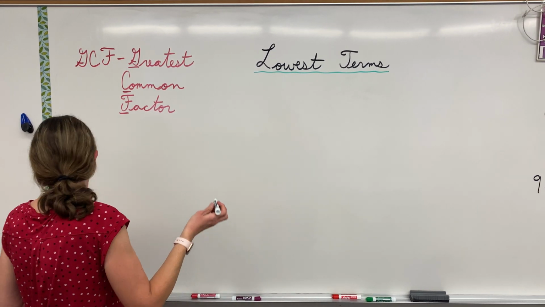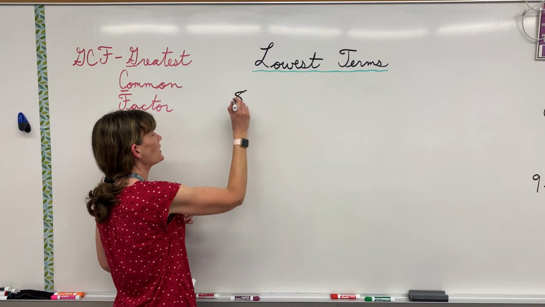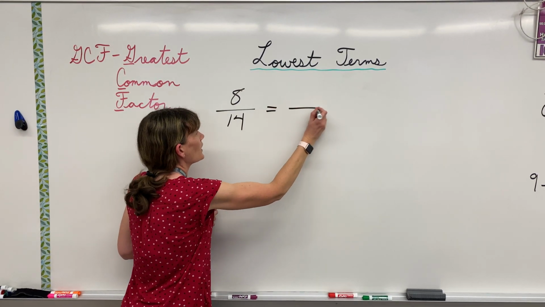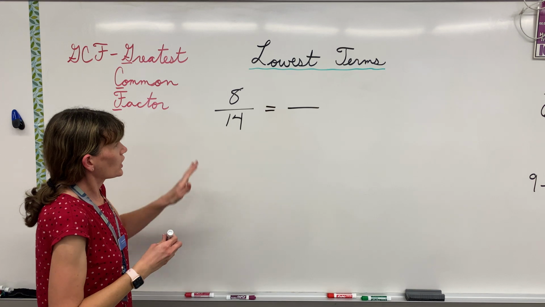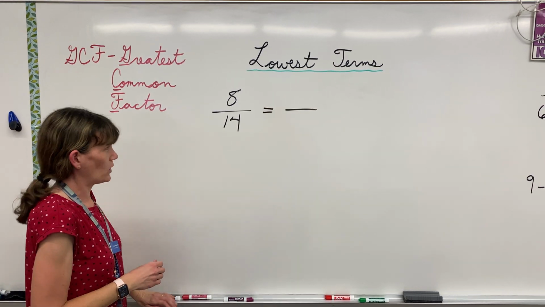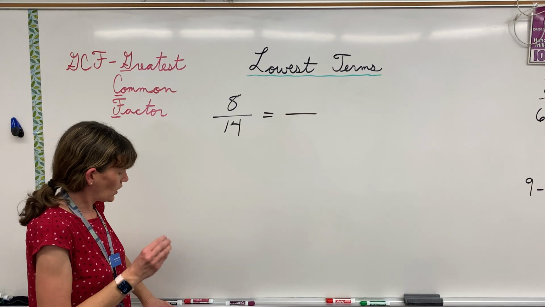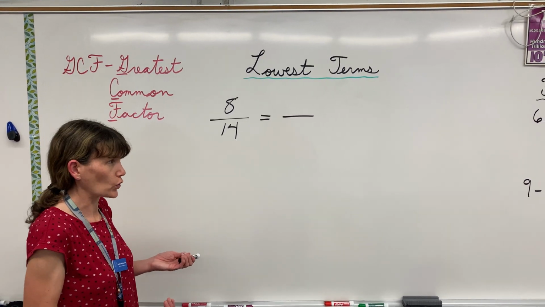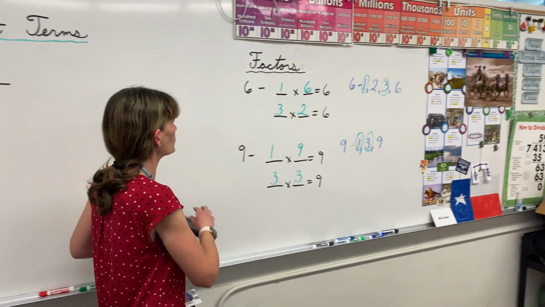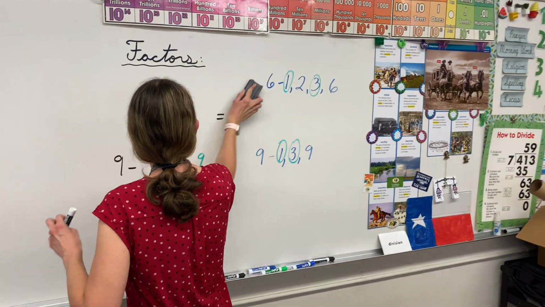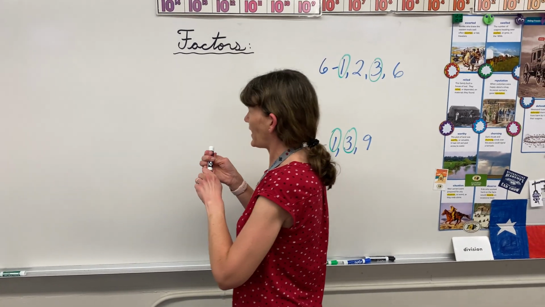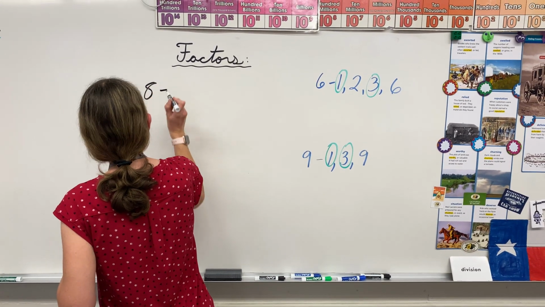So let's do 8/14. Okay, and then we're doing lowest terms. So you're going to think in your brain, okay, 8 and 14. What are the factors of 8 and 14? Okay, so we'll come over to our board over here, and we'll think a little bit about 8 and 14.